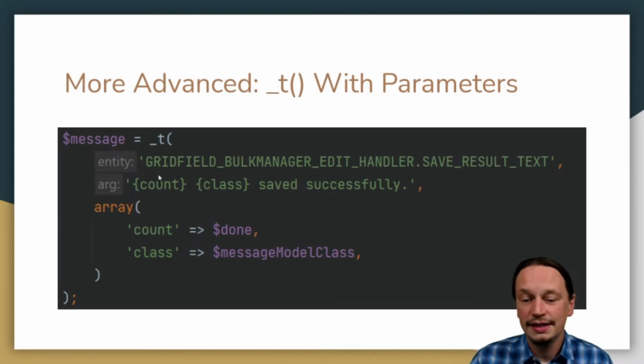And therefore, we have simple string replacement methods like this. So we have here "count class are saved successfully", and then we pass an array. The key is the same like in our translation string, and the value is the actual value that can be included here.